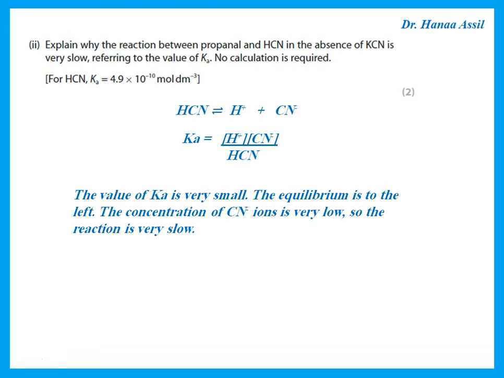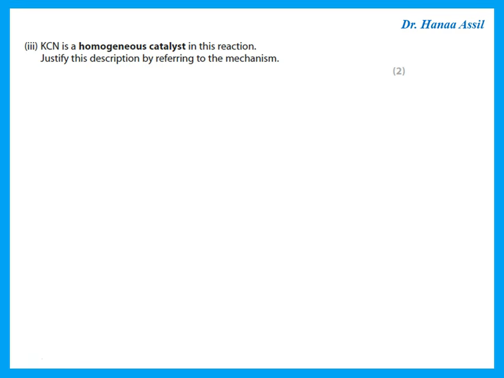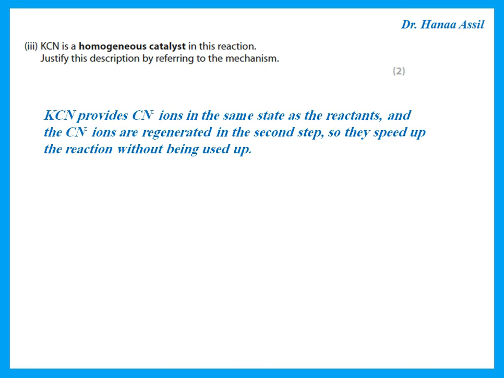So the fact that the value of the Ka is very small means the equilibrium is way to the left. I have very little cyanide and the reaction is very slow. KCN is a homogeneous catalyst. Do you remember the meaning of homogeneous catalyst? Homogeneous catalyst means the state of the catalyst is the same as the state of the reactants.